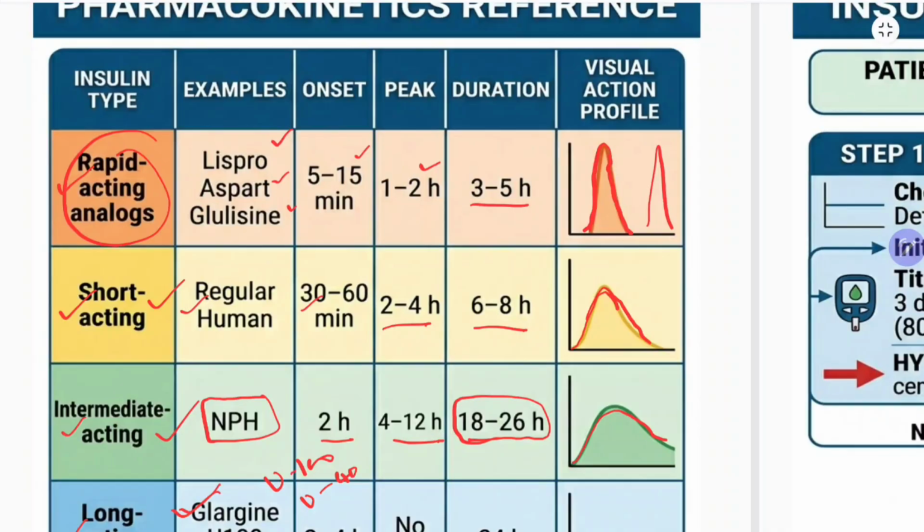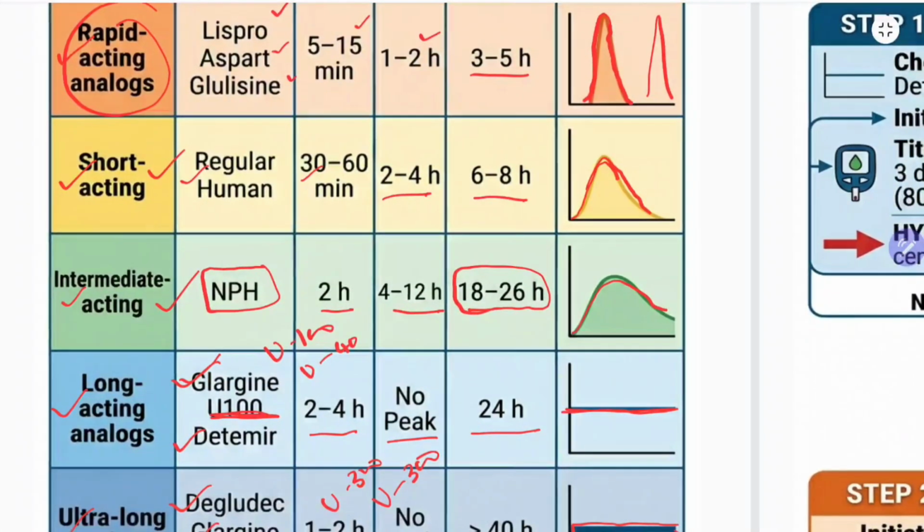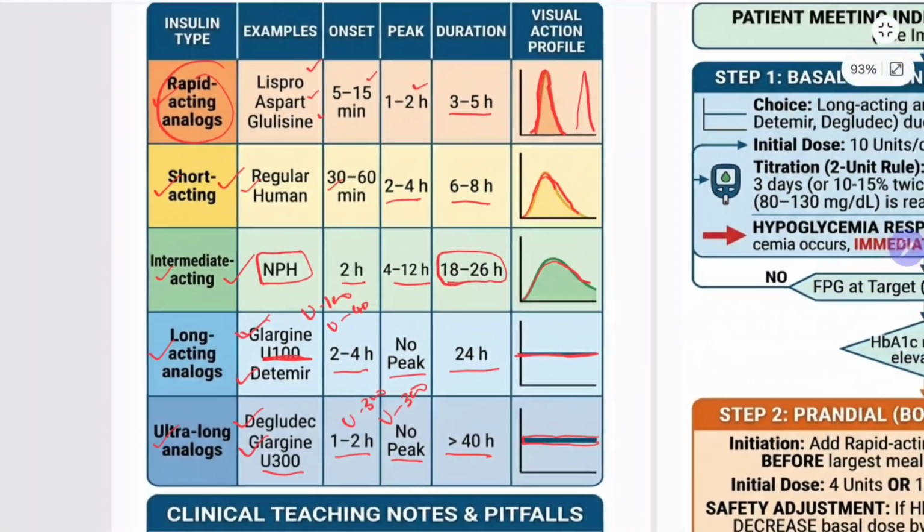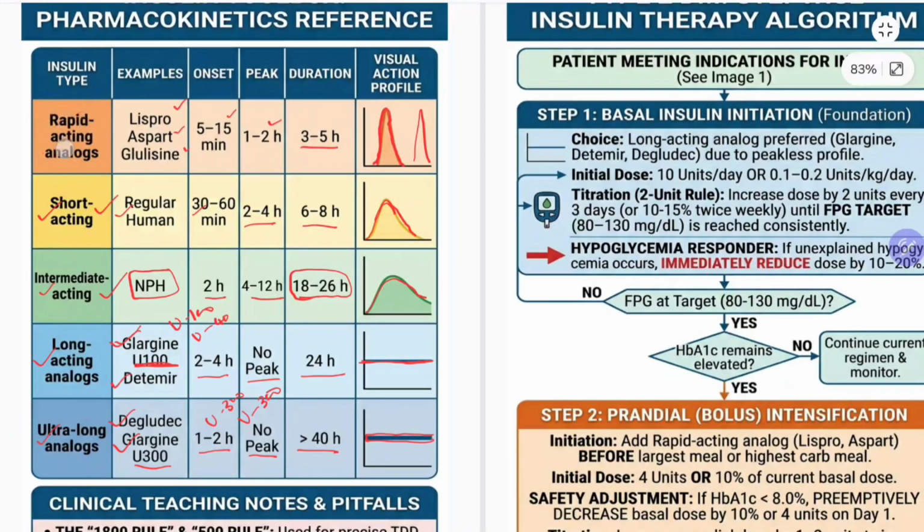The intermediate acting insulin is NPH insulin, used as a basal insulin. Long acting examples are glargine unit 100 or detemir, and ultra long acting examples are degludec and glargine unit 300. That's a small introduction to the different types of insulin.